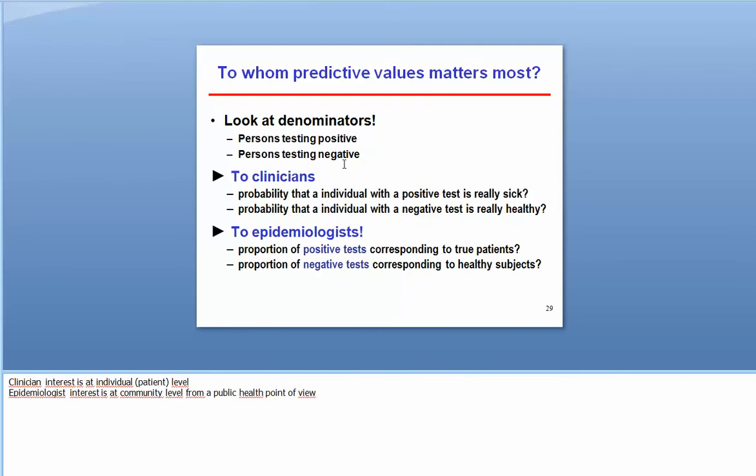Okay, now, to whom do predictive values matter? Look at the denominators. Somewhere here I have mentioned the denominators are those who are tested positive or those who are negative.